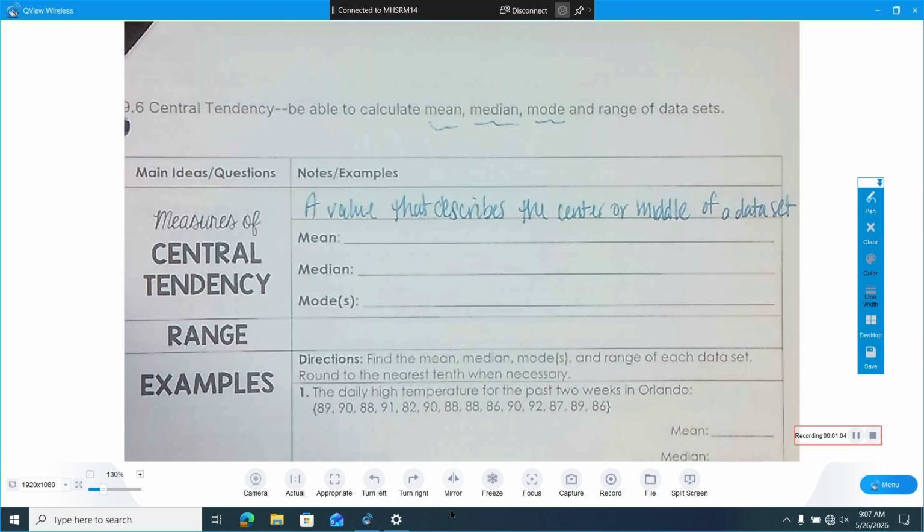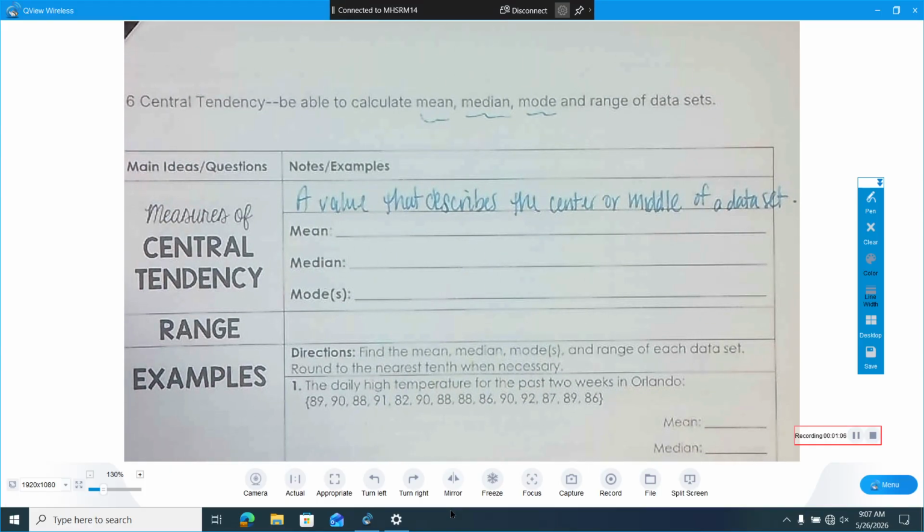I use mean and median all the time when I look at your test data. That's standard operating procedure in a grade book, to look at what the average was. And it's important to be able to compare median and mean, because the closer they are together, that's better information.